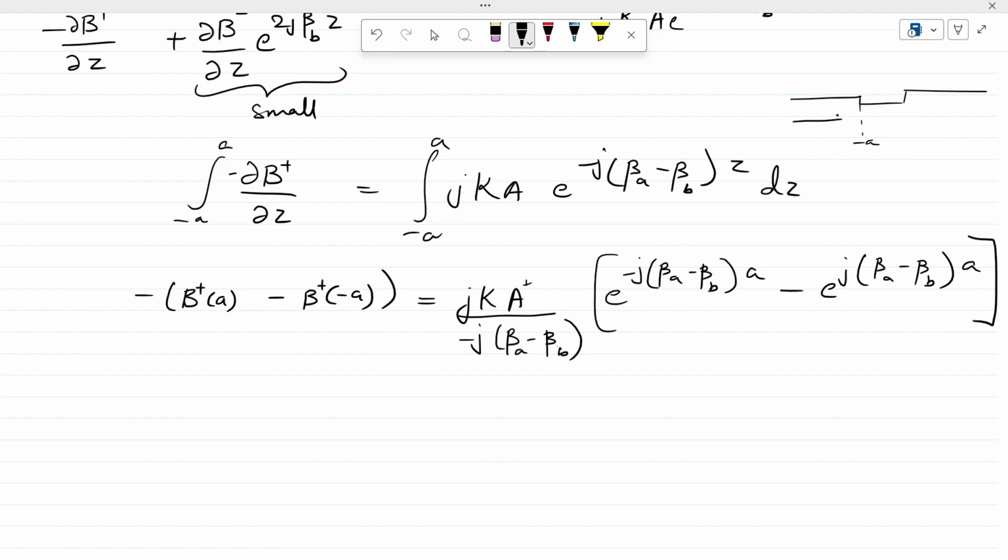If I'm assuming that only a is here, of course at minus a also there is only a present, and then slowly due to the perturbation we are starting to see some intensity transfer to b, right? So at minus a, b plus of minus a will be equal to 0.